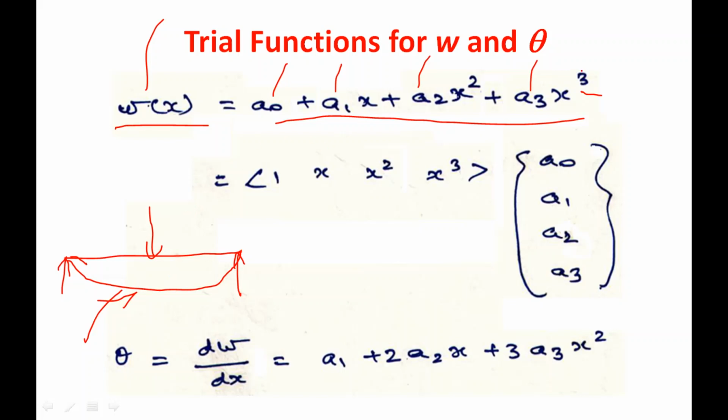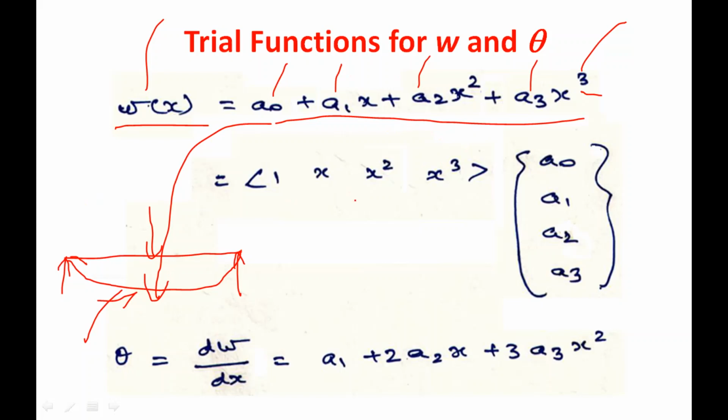So here also we are using the third order polynomial, which will be the most suitable function for defining this curvilinear behavior of the field variable w of x. That also we have to understand. When we use this third order polynomial, it will define the behavior of the transverse deflection more accurately.